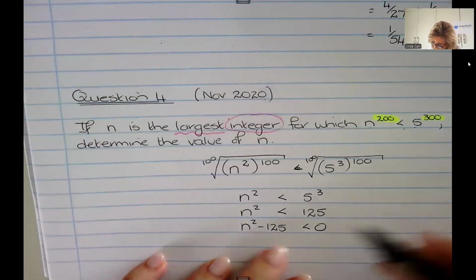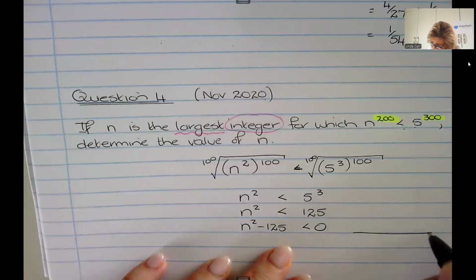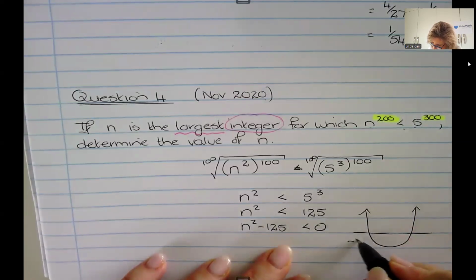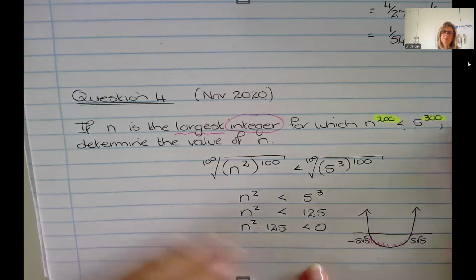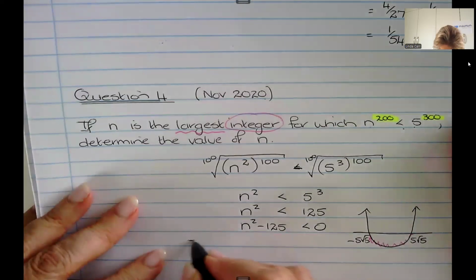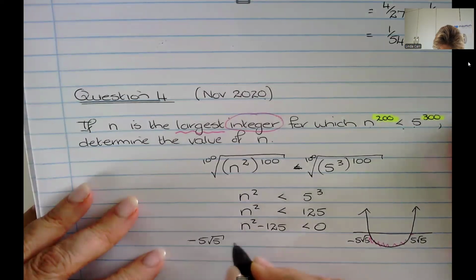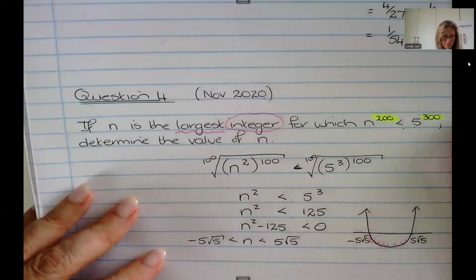And so I would say my solutions are between minus 5 root 5 and plus 5 root 5. It's a less than 0, so it's this part of the parabola. Okay, so minus 5 root 5 less than n less than 5 root 5.